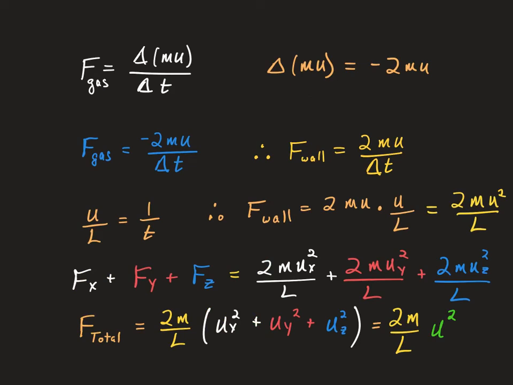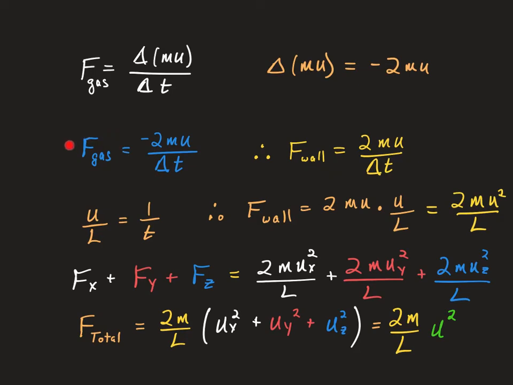Okay, so we start off summarizing where we were on the previous slide, right? So our force of the gas is the change in momentum with change in time. We figured out that our change in momentum is negative 2 times the mass times the average speed. And so we can take that and substitute it there, which gives us this equation, right?